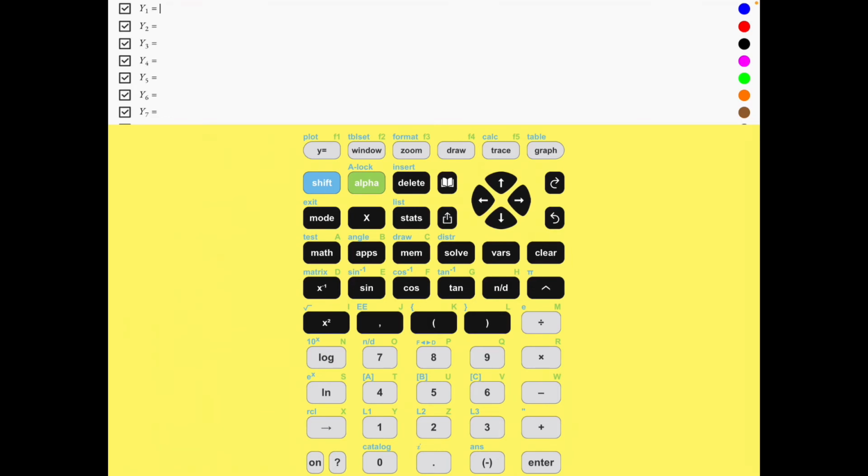So we will put in the positive, so root, which is the square root, remember it's shift, and the x squared, and then you can put that in as 16 minus x squared. Under y2, I'm going to put in negative, and then that same root. Shift x squared to get my square root, and then 16 minus x squared. Let's look at a graph.